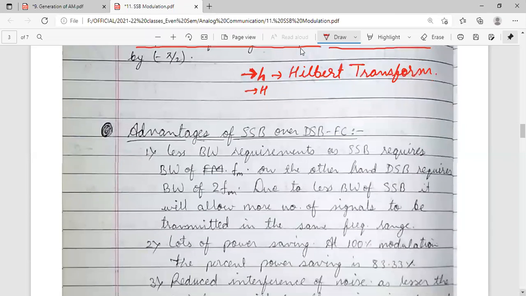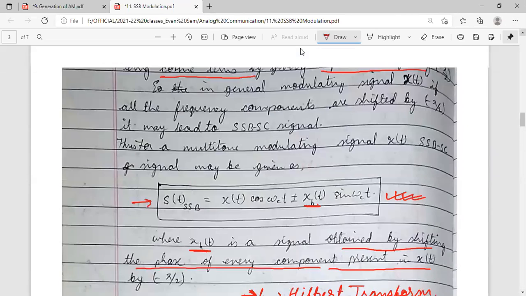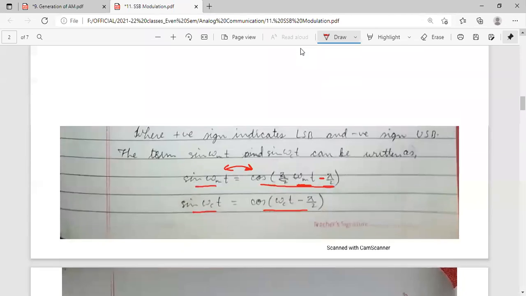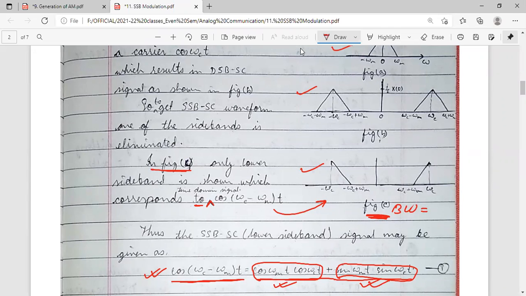Now, what are the advantages and disadvantages of SSB-SC over DSB? We have already seen that the bandwidth of SSB is fm only. From this picture, what is the bandwidth? The bandwidth is the higher frequency minus the lower frequency. The higher frequency is omega c plus omega m, and the lower frequency is omega c.